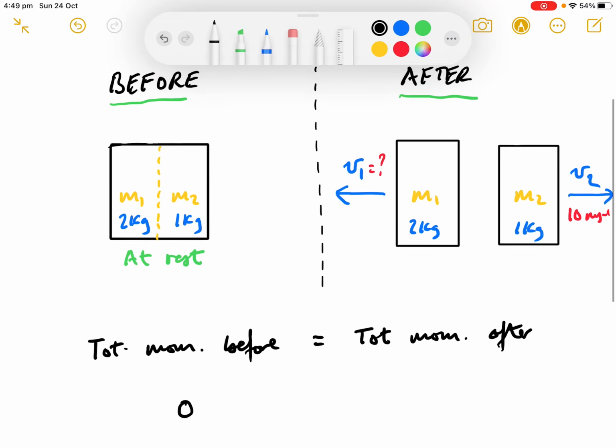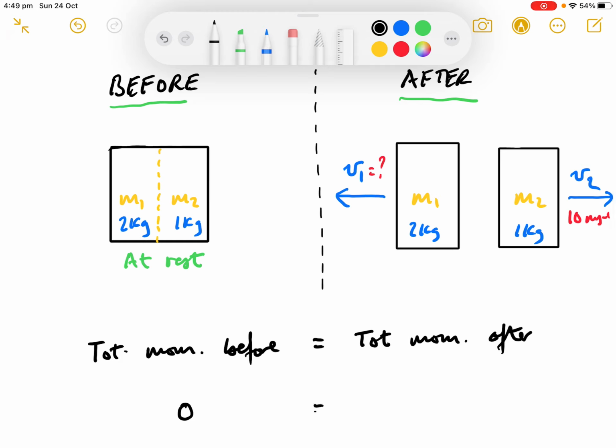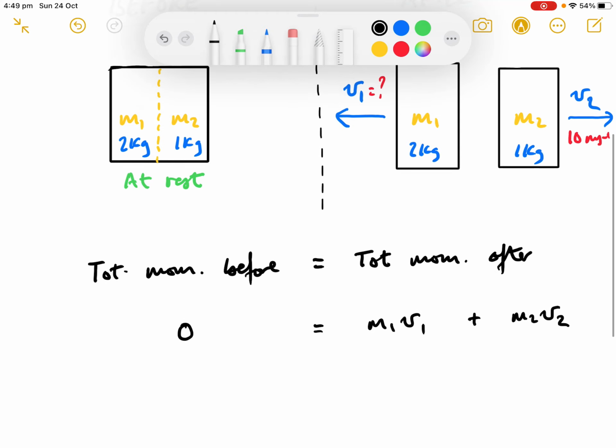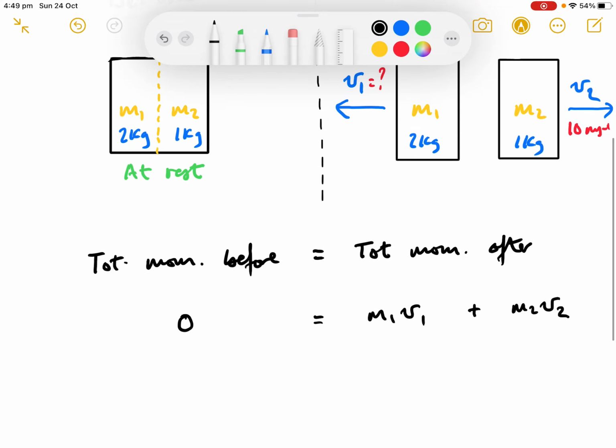And you'll always have the left-hand side being zero in explosions. On the right-hand side, we've got M1v1, the momentum of fragment 1, added as vectors to M2v2, the momentum of body 2. You don't put any signs in until you put in the numbers.